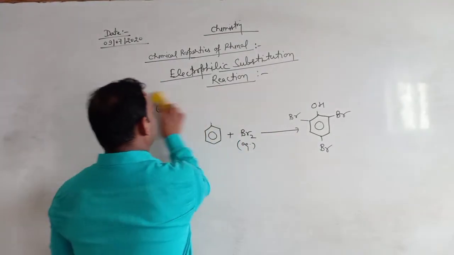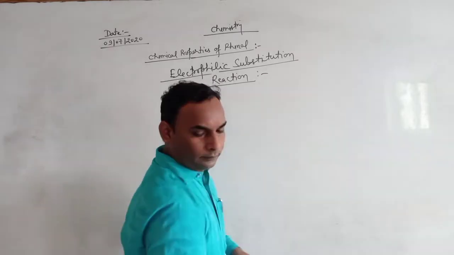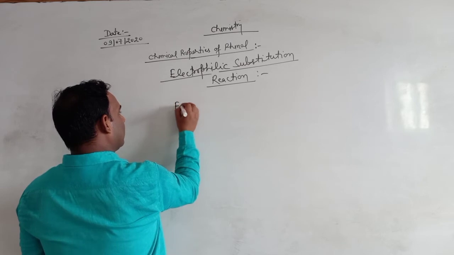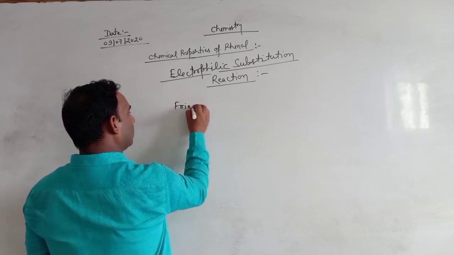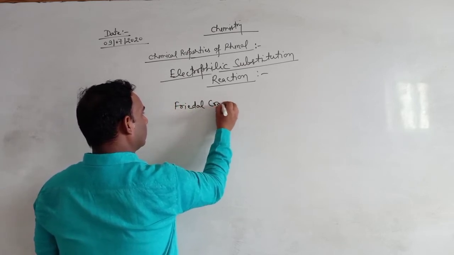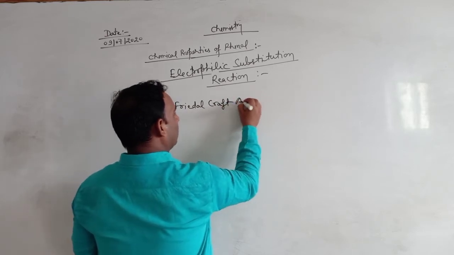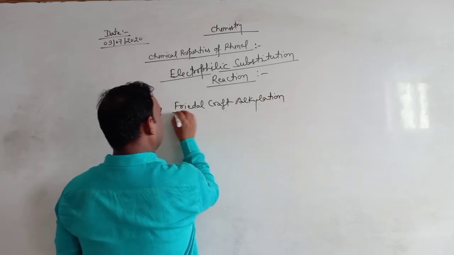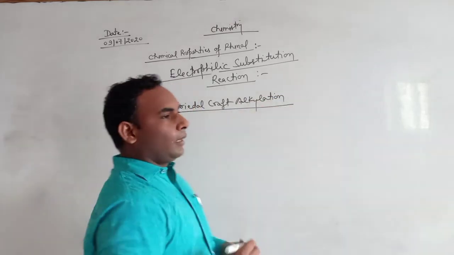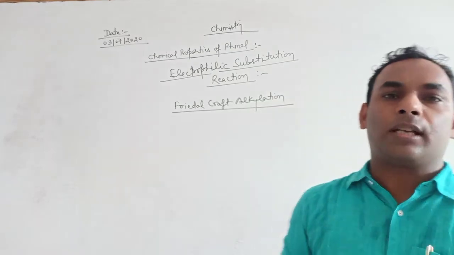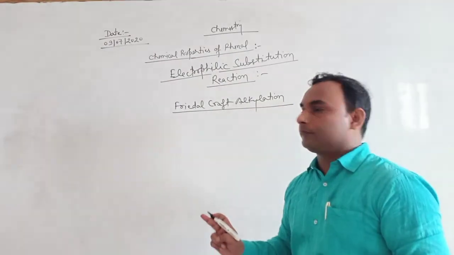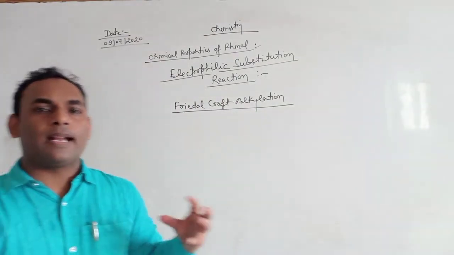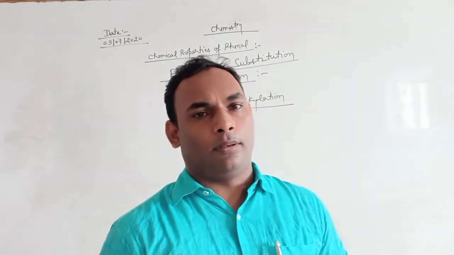Next example is Friedel-Crafts alkylation. In Friedel-Crafts alkylation of phenol, we get a mixture of ortho and para alkyl derivatives of phenol.